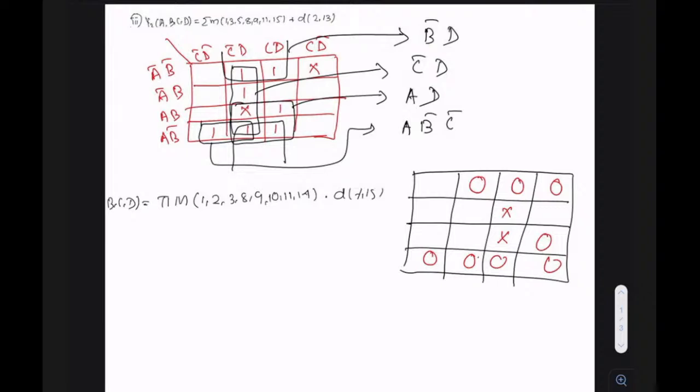Two quads and two pairs. Is that what all of you are getting? Same answer? Two pairs and two quads. Let's see.